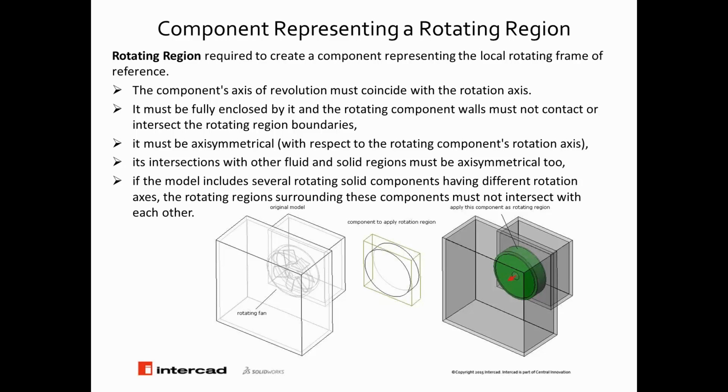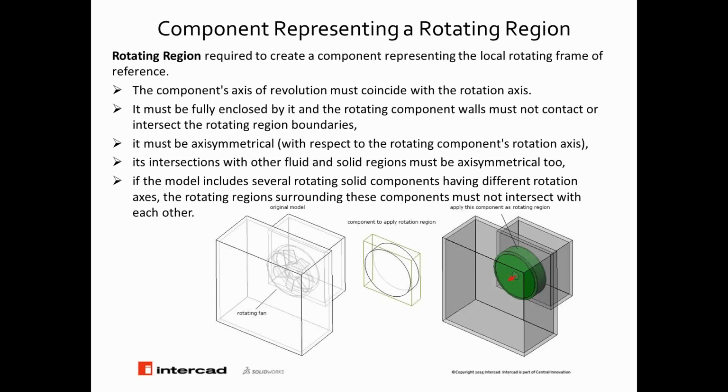This component has some certain criteria to meet. First, the component's axis of revolution must coincide with the rotation axis. Second, it must fully enclose the rotating component, and the rotating component walls must not contact or intersect the rotating region boundaries. Third, it must be axisymmetric with respect to the rotating component's rotation axis.